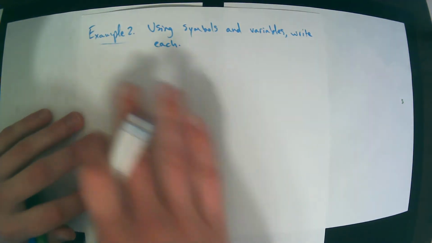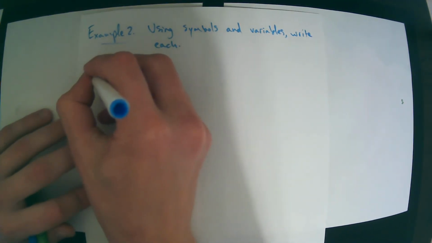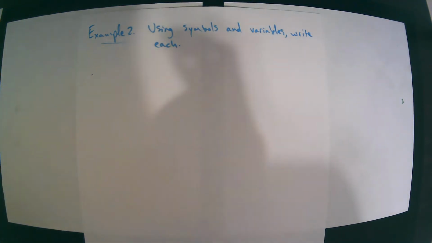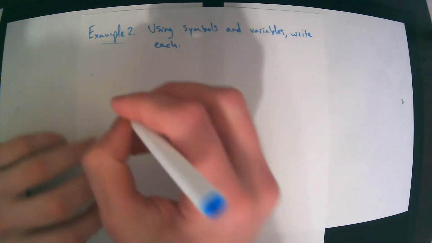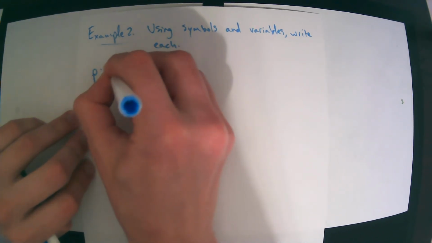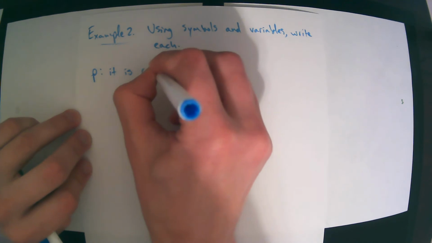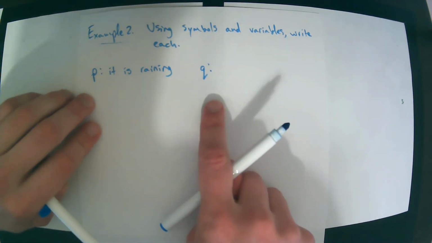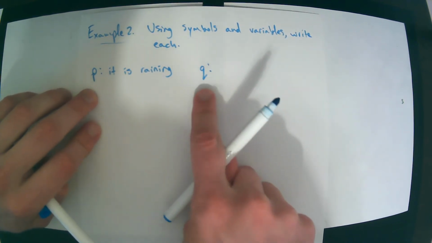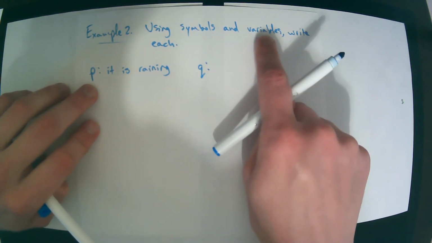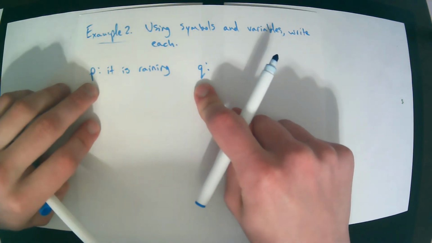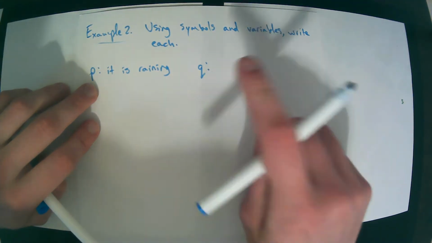So part A, or well, rather before I write these parts, I gotta name each of these statements. So we're gonna name the first one P, which is it is raining. And the second one is Q. P and Q are traditionally the first variable names that we use for mathematical statements. Q is it is sunny outside.